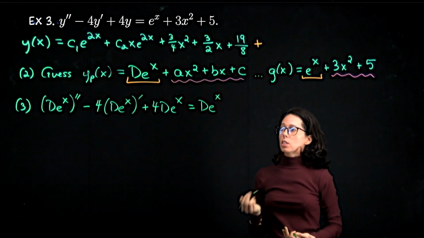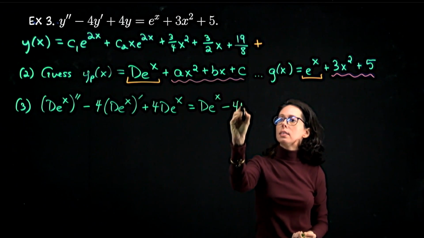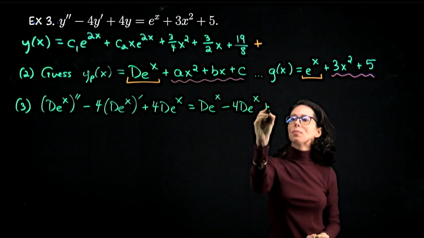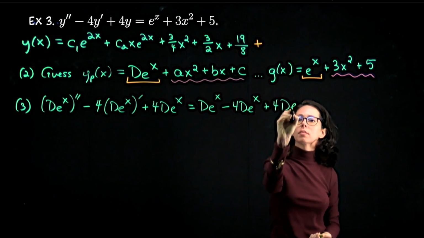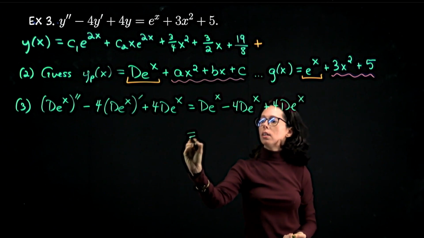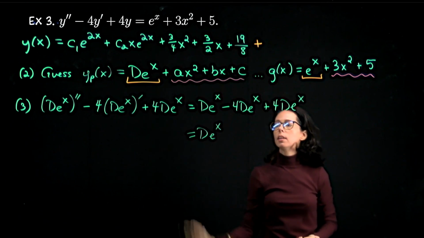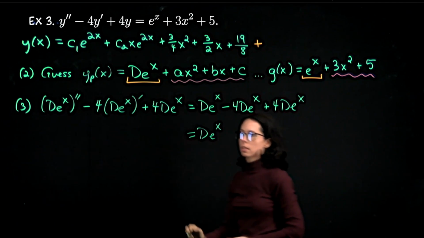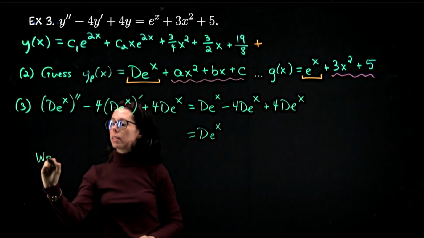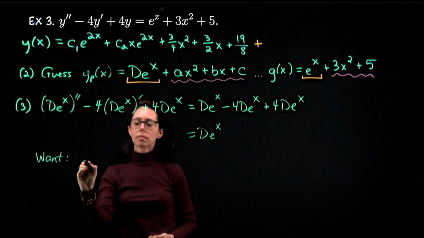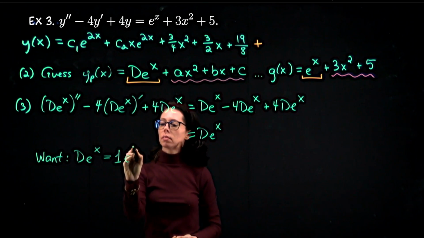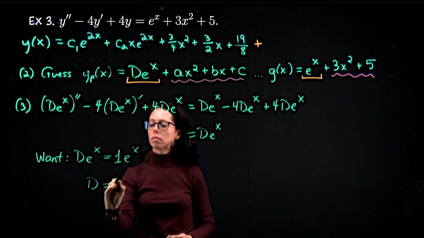Similarly, the middle term is just going to be minus 4 d e to the x, and then plus 4 d e to the x. So overall, after we simplify the left-hand side, we're just left with d e to the x. We want that equal to e to the x. So d equals 1.